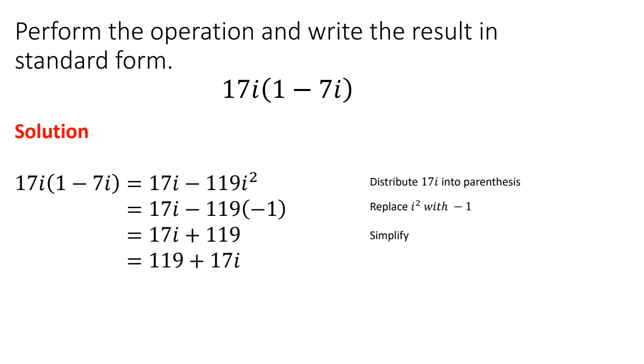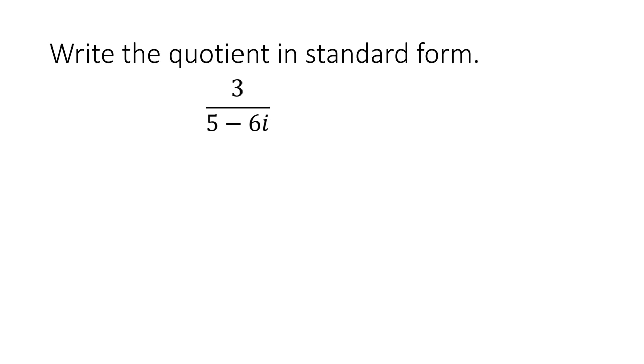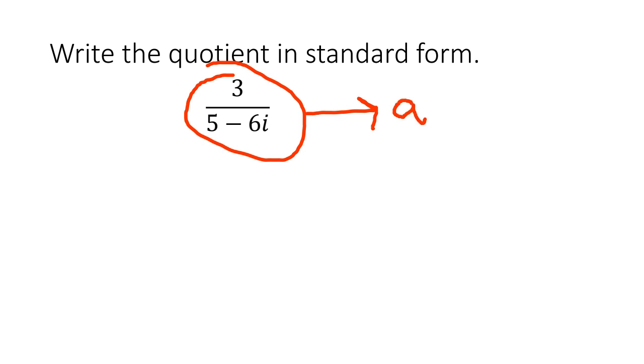And now we're going to write the quotient in standard form. So when you're writing the quotient in standard form, we want to go from this, and we want to rewrite it again as a plus bi. In order to do that, we're going to need to find something called the conjugate.